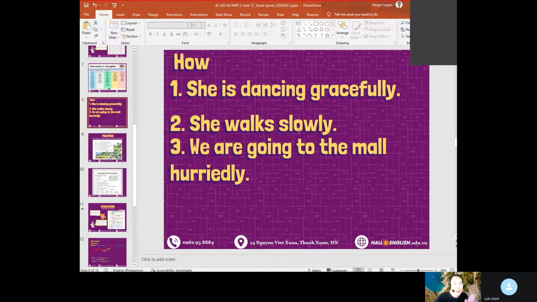Slowly. Okay, so the word slowly now is an adverb. Why is it an adverb? Because it describes how she walks. So therefore, she walks slowly. And why is this one an adverb? Because of the ly. Got it, V? Okay, next, number three.